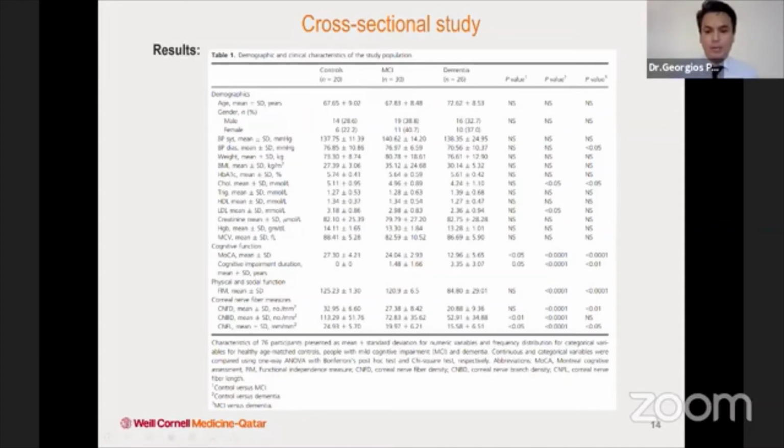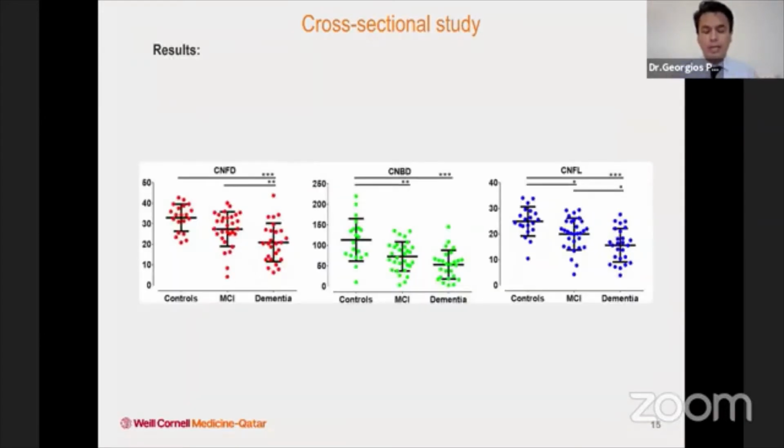And this is the sample size we have recruited. We have excluded diabetes. And later on we also did regression analysis to adjust for confounding factors, to see whether these changes that we see in the CCM, in the corneal nerve morphology, are strongly associated with the disease.